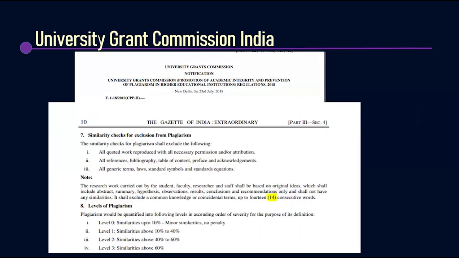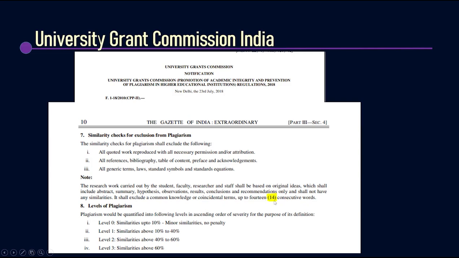Based on their recommendation, they have given the similarity checks exclusion for plagiarism as this: all quoted work reproduced with all necessary permission and or attribution, all references, bibliography, table of content, preface and acknowledgements, and all generic terms, laws, standard symbols, and standard equations are excluded from plagiarism checking. And also they exclude common knowledge or coincidental terms or up to 14 consecutive words.